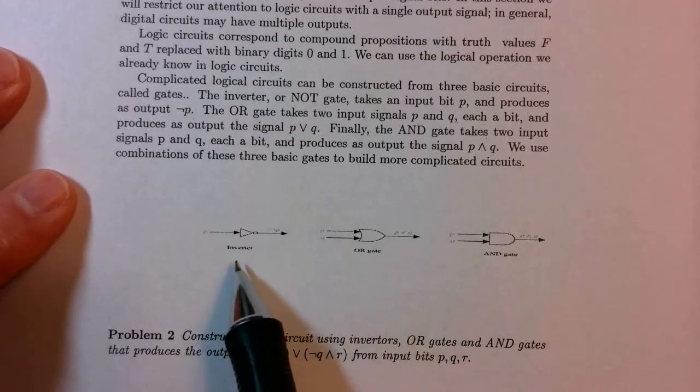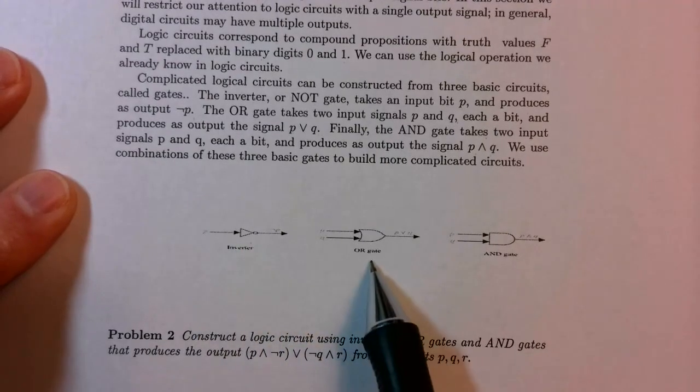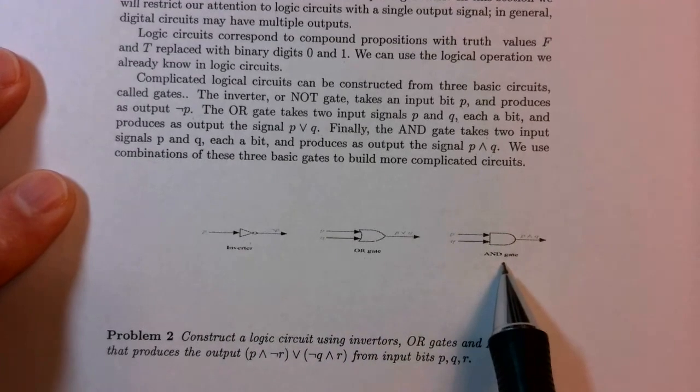And this is how the inverter is drawn. This is the OR gate and this is the AND gate.